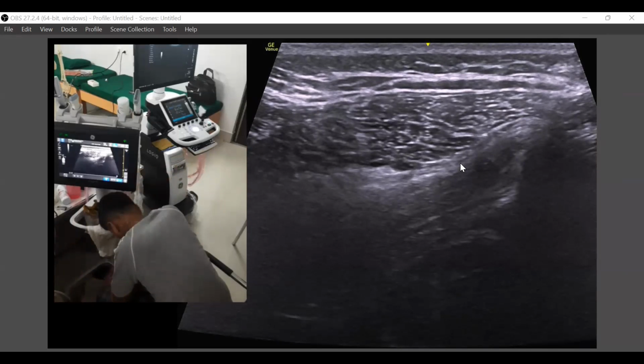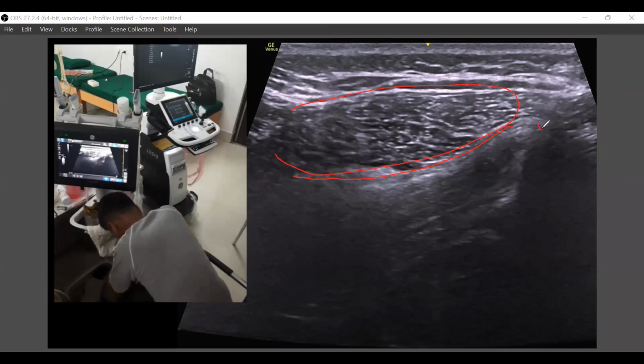So here, this is the lamina. This is your semispinalis capitis.